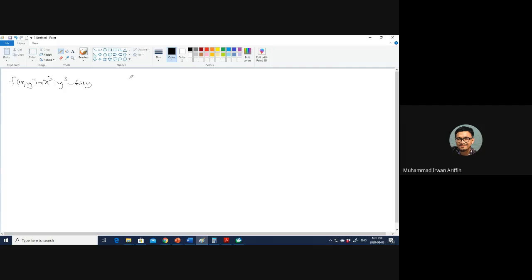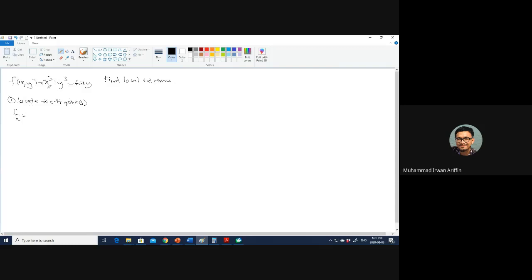The question says we need to find the local extrema. Step number one: locate all critical points. So how to locate all the critical points?